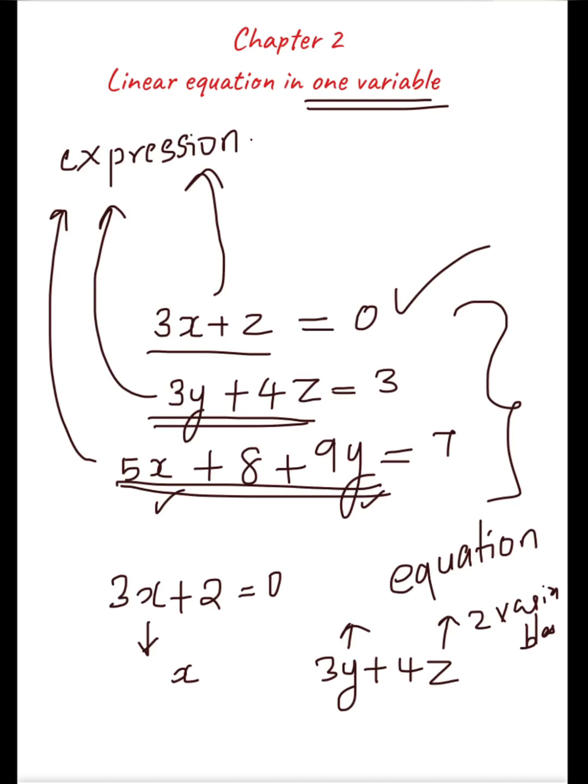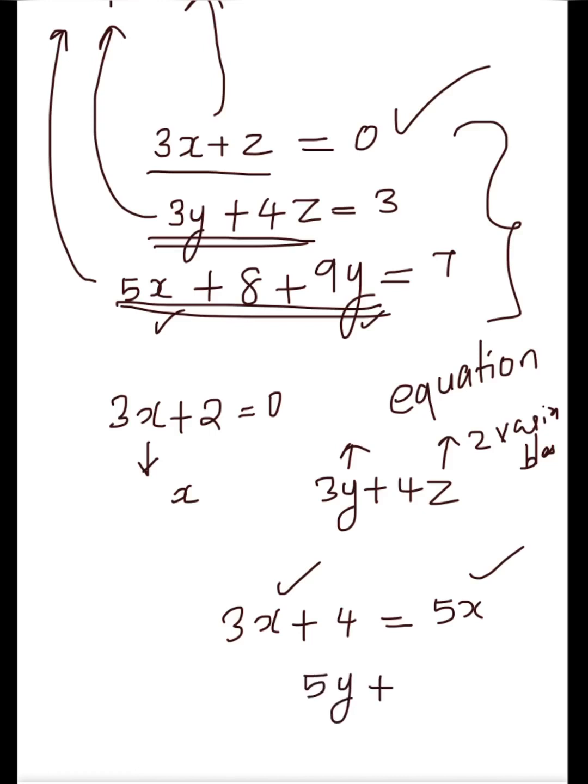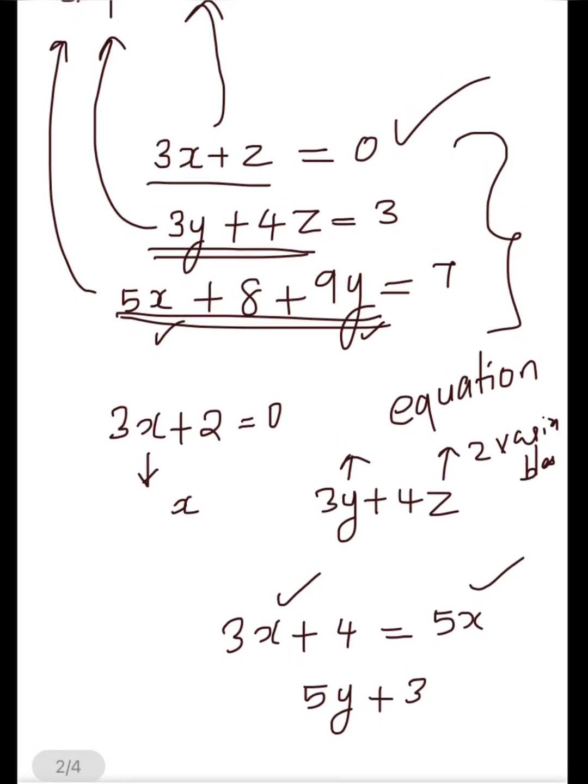That means there will be only one variable present in the equation. For example, 3x plus 4 is equal to 5x. This is an equation with one variable. Why? Because here only x is there. Or I can say 5y plus 3y equals 57.